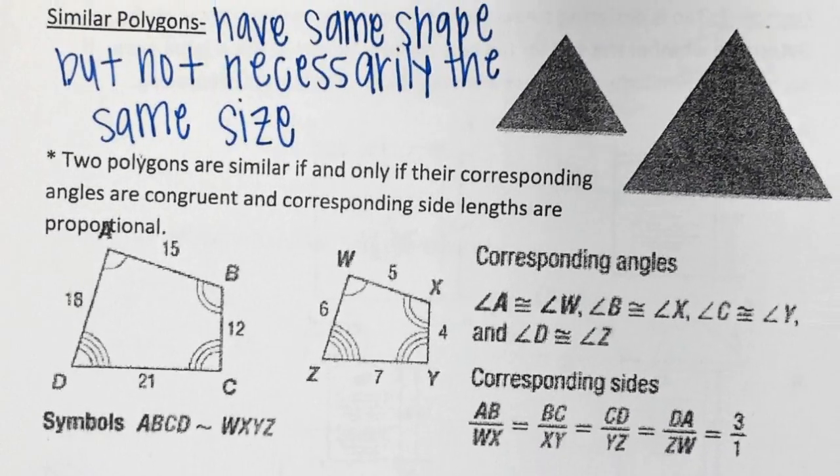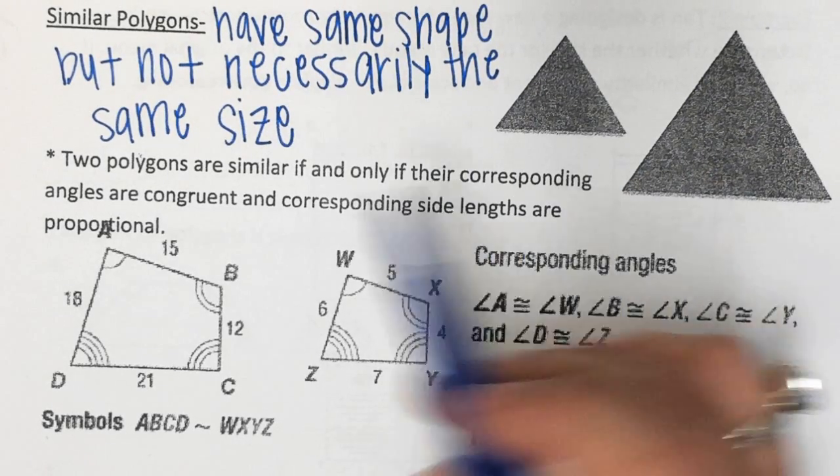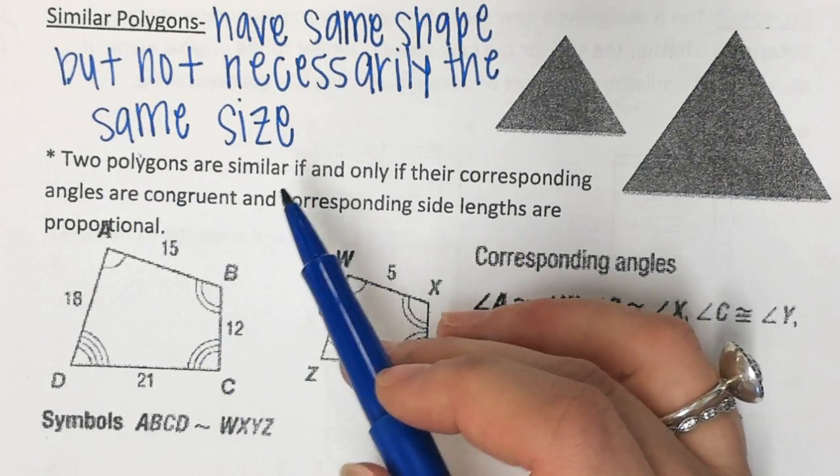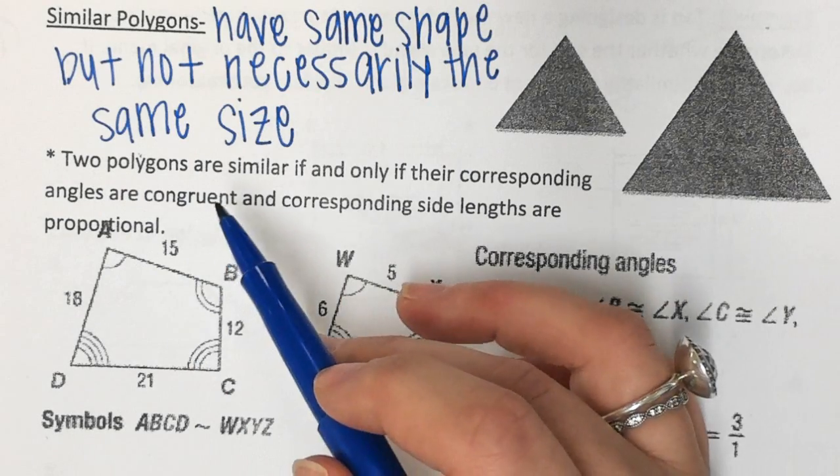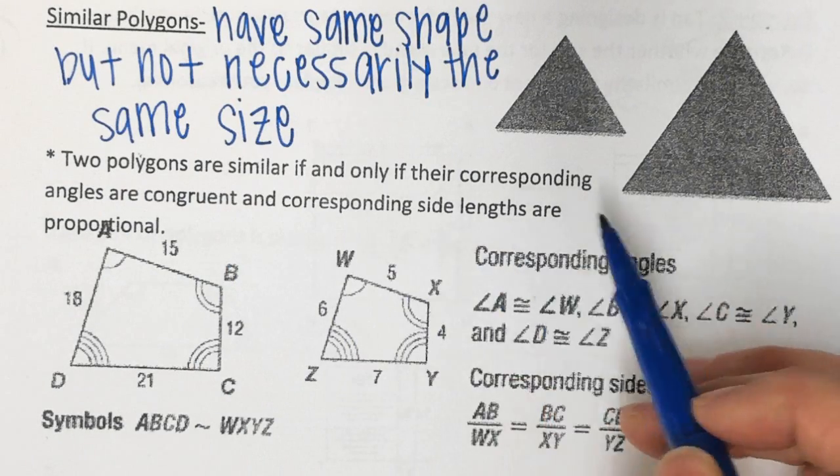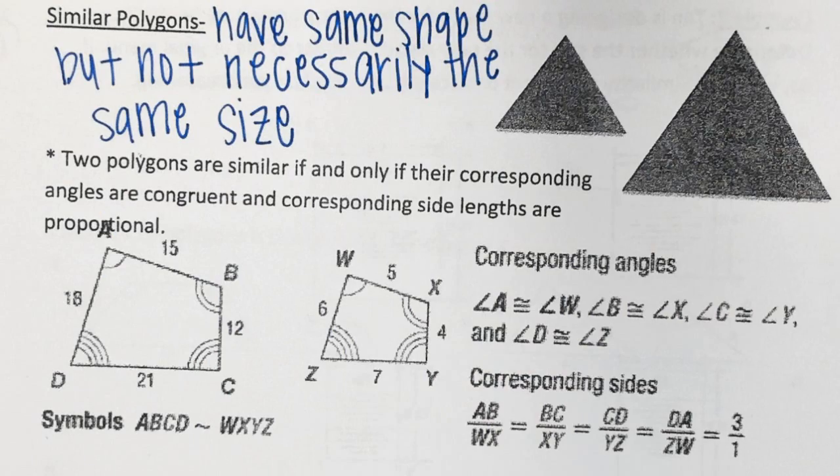So two polygons are similar only if their angles are congruent, and their corresponding side lengths are proportional.